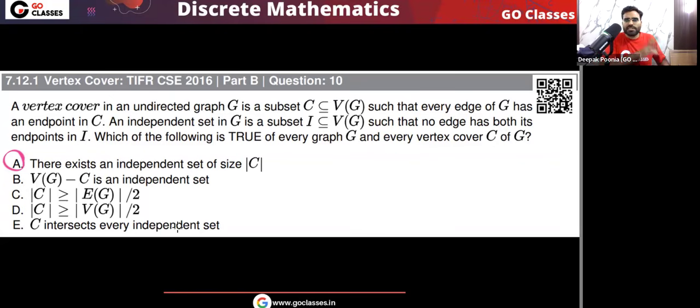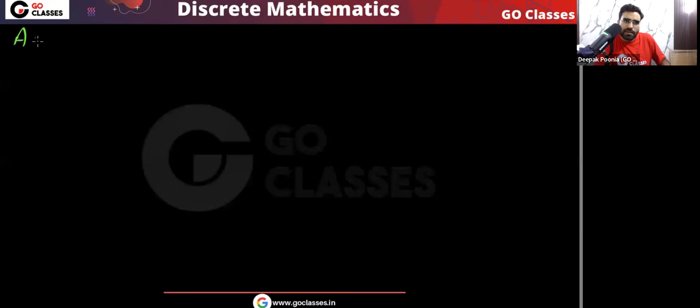It can be a minimal vertex cover, a minimum vertex cover, a smallest vertex cover, or any vertex cover. The question is asking which statement is true for every graph and every vertex cover, and option A is saying that there exists an independent set of size C. Is it necessary? Let me give you a counterexample for option A.